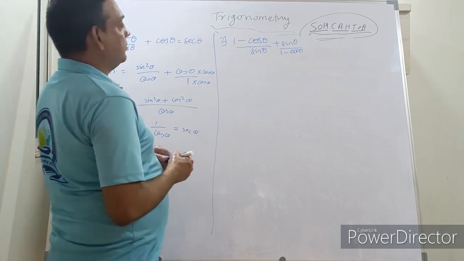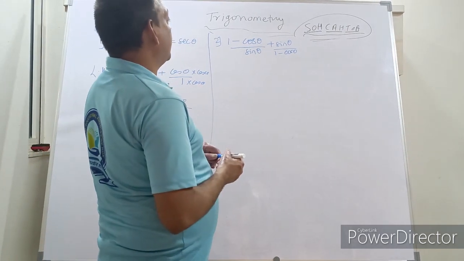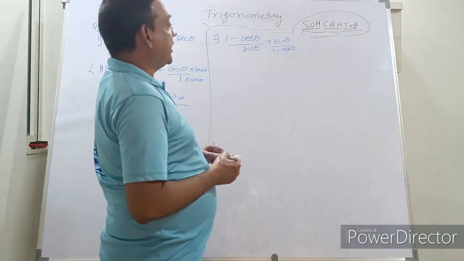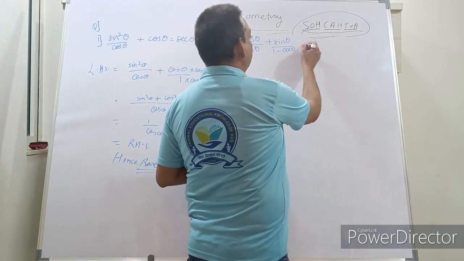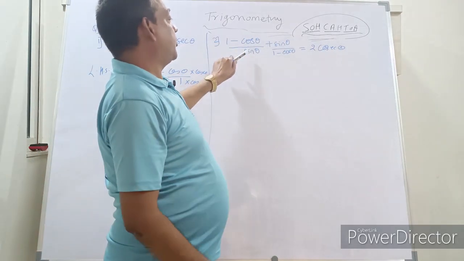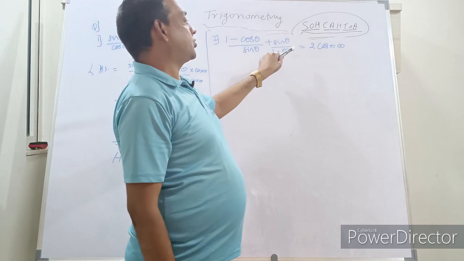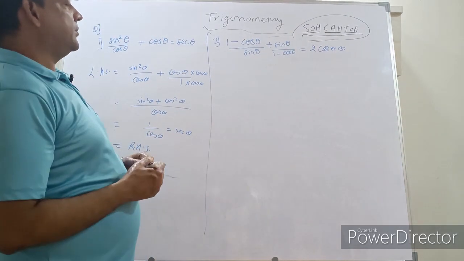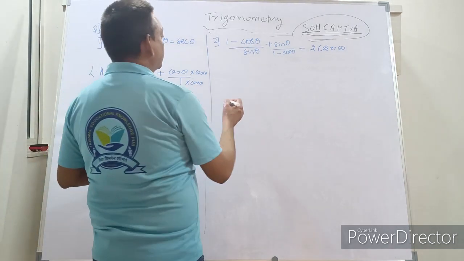Let's do one more sum. The second sum: 1 minus cos theta upon sin theta plus sin theta upon 1 minus cos theta is equal to, we have to prove, 2 cosec theta. So again the same thing, we'll take the LCM of the denominator.